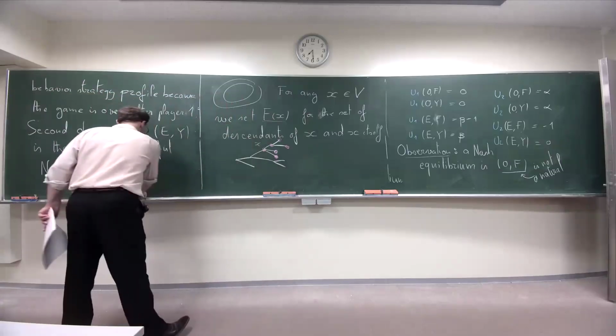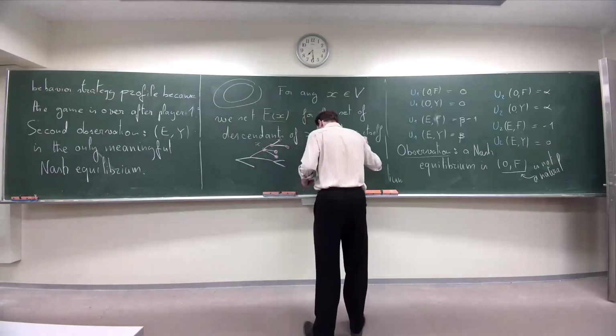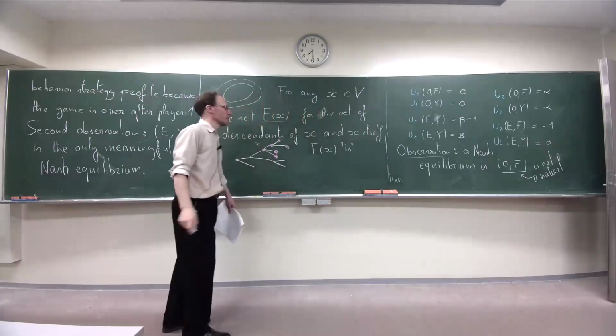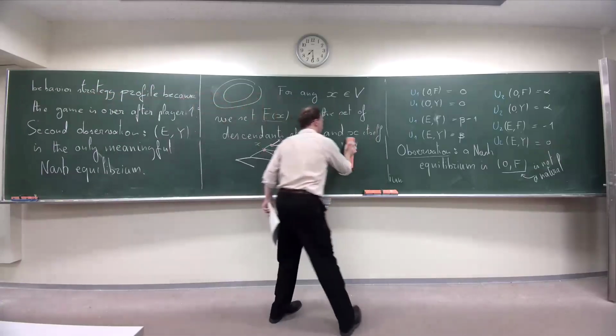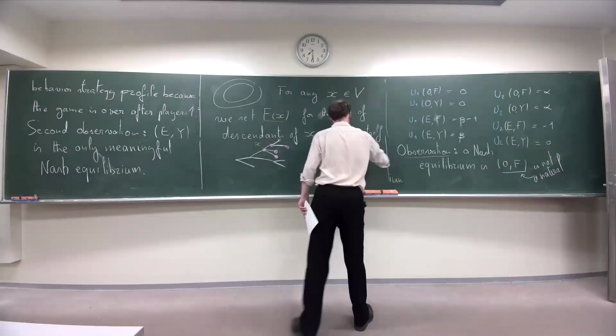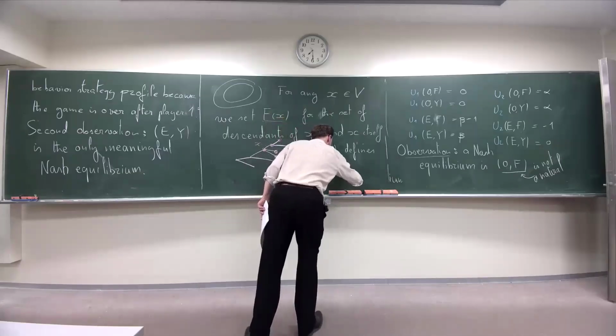So I denote by f of x the set of descendants of x and x itself. This defines a new rooted tree.